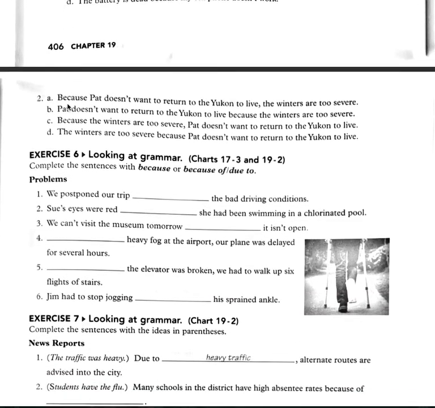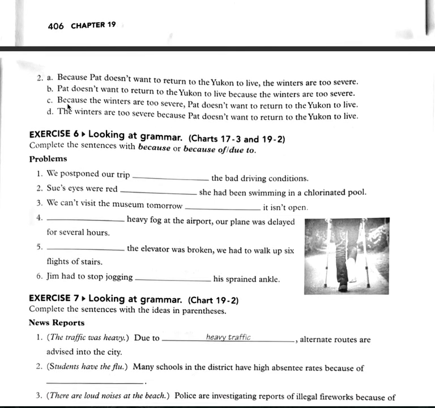Look at number 2 on page 407. Because Pat doesn't want to return to the Yukon to live, the winters are too severe. Is that correct? No. Number 2. Pat doesn't want to return to the Yukon to live because the winters are too severe. That is correct. That means that the winters up in Alaska are very harsh, very cold. So she doesn't want to go back there.